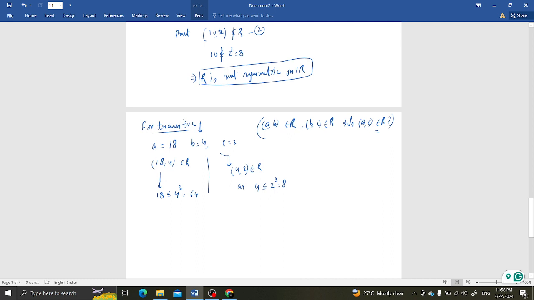So (18, 4) belongs to R, and (4, 2) belongs to R. We need to check, does (18, 2) belong to R?